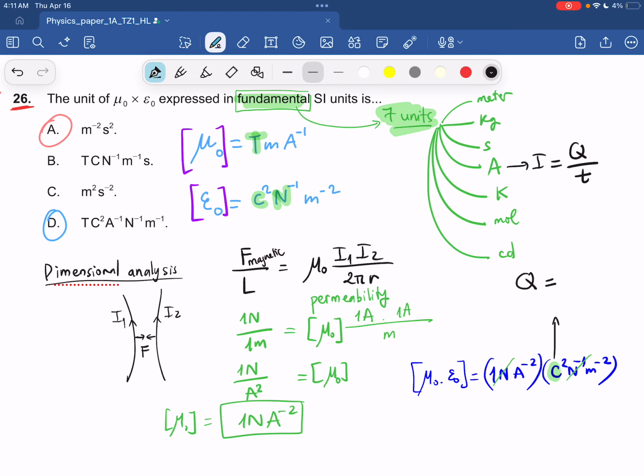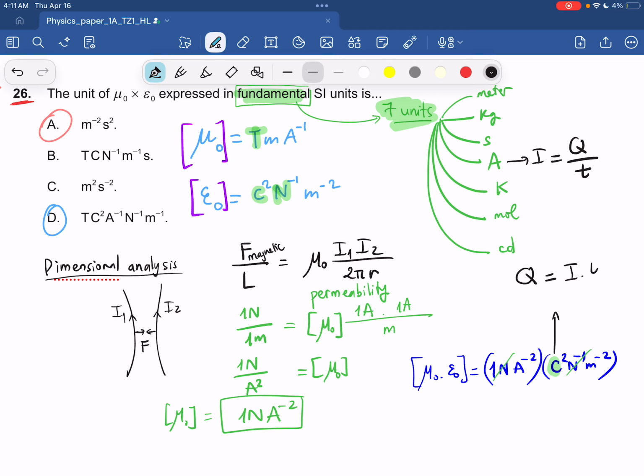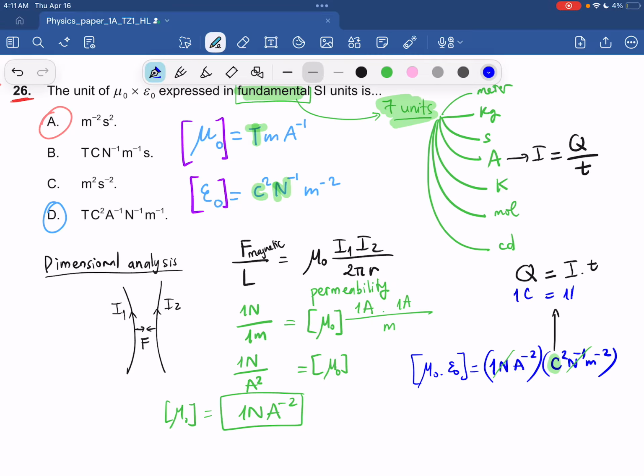So we can also have current times t. It means that 1 coulomb equals 1 ampere times 1 second. Nice. If you substitute it in, it should be ampere square times second square. Now we can simplify ampere to the minus 2 with this one. So what is left is just second square times meter to the minus 2. Is that what we're looking for?